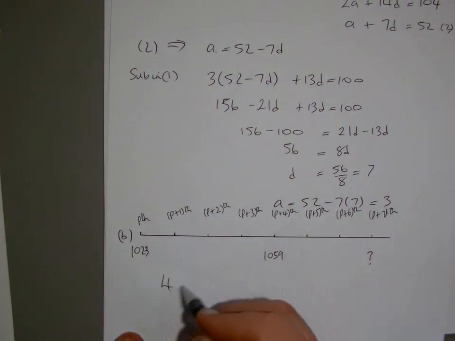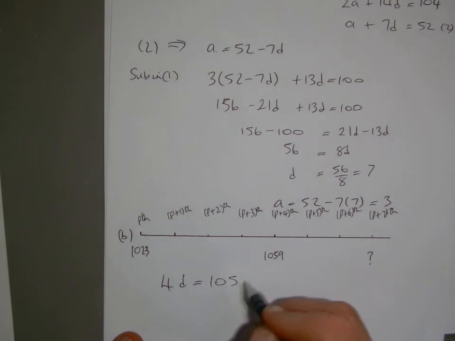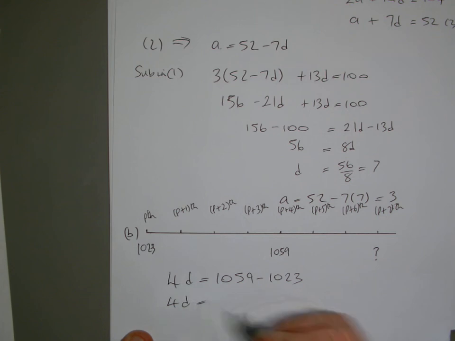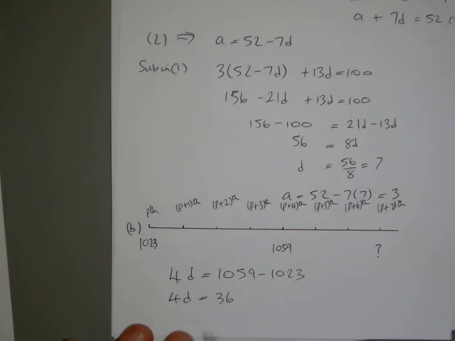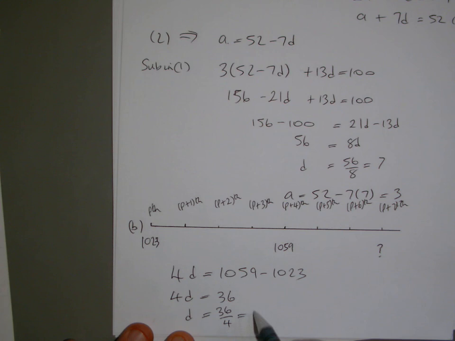So in other words, four lots of the difference is equal to this gap. So the gap between there is 1059 take away 1023. So four differences is 36, isn't it? Yeah. Then that means if four differences is 36, one difference will be 36 divided by 4, which is 9.